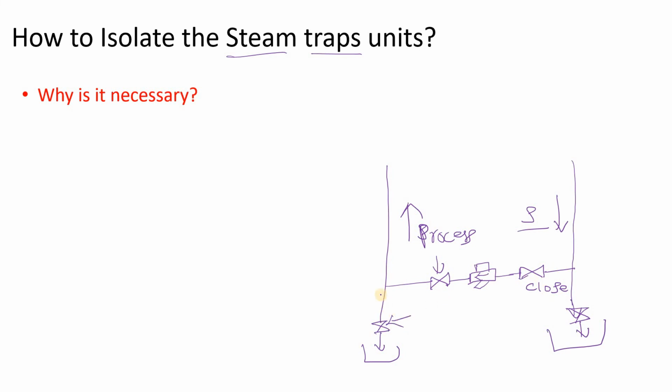When I close them, this will be the open drain, and if there is any process condensate in the line, it will be drained, and the other condensate can be drained from here. So mainly what I want to tell you is that we can isolate this steam trap simply. In the industry there may also be an IV here as well as here, to isolate our process condensate and steam, mainly to isolate our STU.